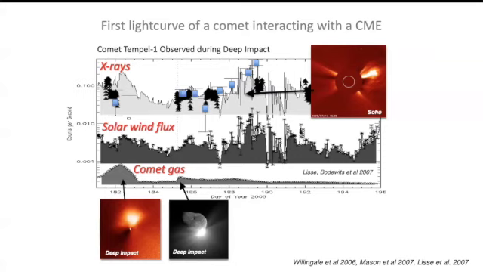And you can see that for most of these curves, the predicted X-ray brightness follows the product of the solar wind flux and the comet gas quite nicely. Also, from our experience, it is the solar wind variability that drives variation in X-rays the most. And unfortunately, that makes cometary X-ray brightness a little bit unpredictable.